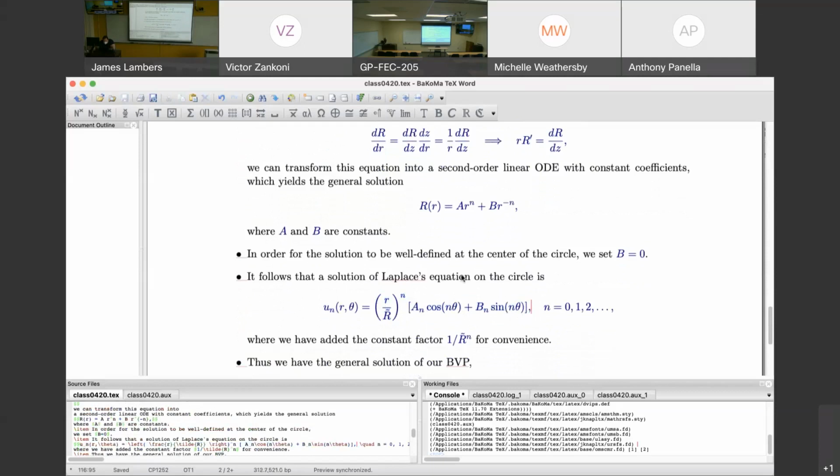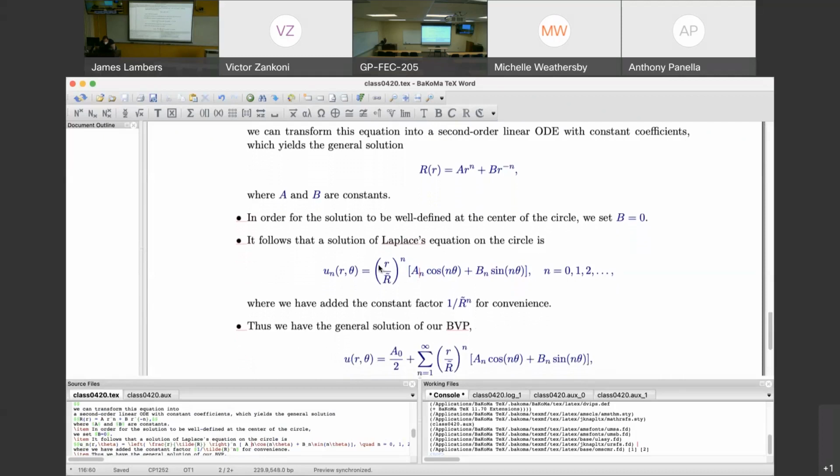And then we have little r to the n. And I've included this factor here, 1 over r tilde to the n. That's going to be convenient for determining the coefficients an and bn that will satisfy our boundary data. So you'll see in a moment why. I can multiply this by any constant I want. So I'm going to take a linear combination of these anyway, but this turns out to be a particularly convenient choice.